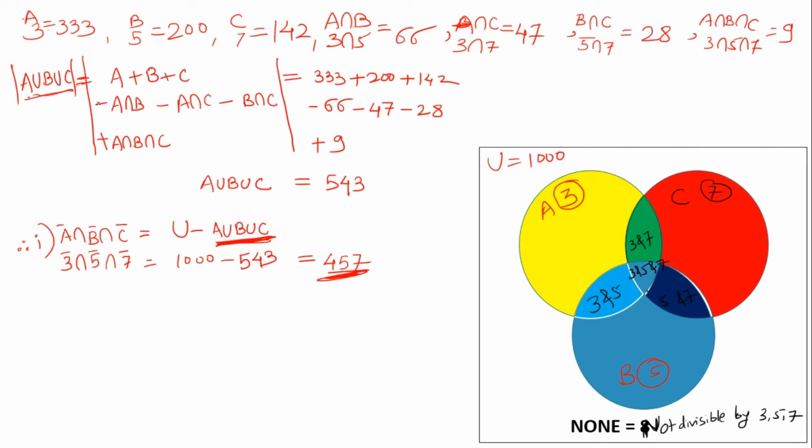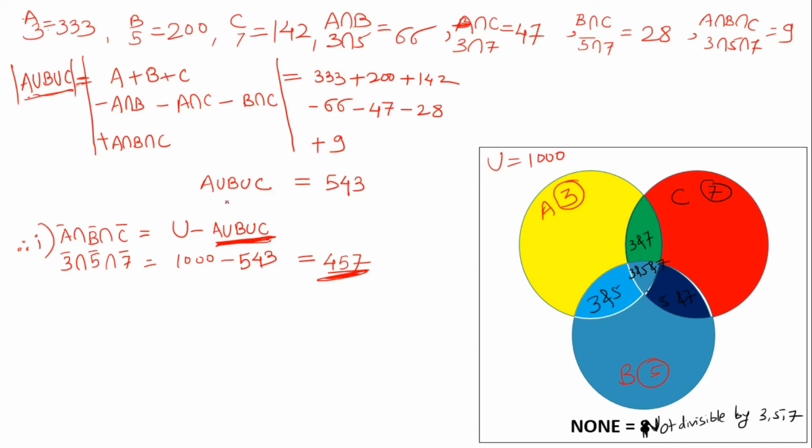Means minus the intersection of two sets, A intersection B minus A intersection C minus B intersection C, plus the intersection of three sets, that is A intersection B intersection C. Put the values in your equation. You will get the values, that is 543 numbers are there which are divisible by either 3 or 5 or 7.